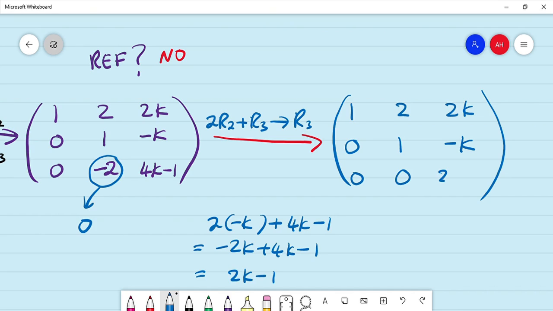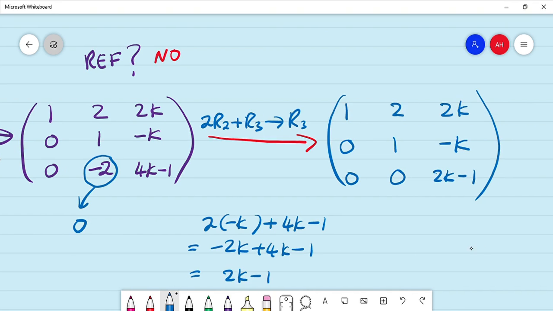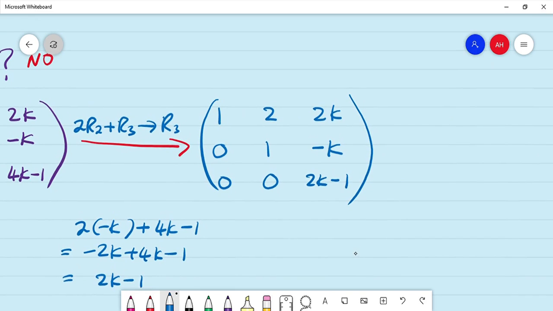So we have here 2k minus 1. Now let's ask ourselves, is this matrix already in REF? The answer is yes.